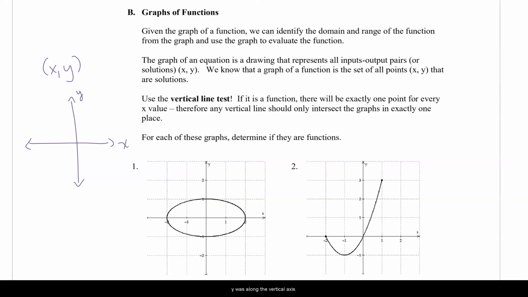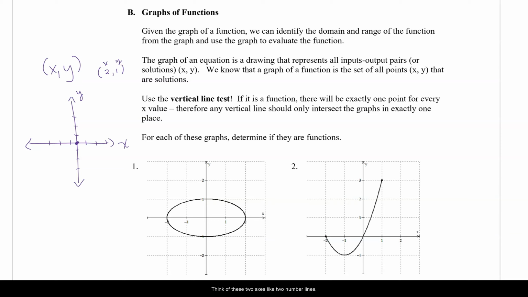So if we had the ordered pair, for example, 2, 1, let me mark off my table really fast. 2 was for x and 1 was for y. This is telling us a location on this grid. We always start at the origin. That's in the middle where these two axes cross.